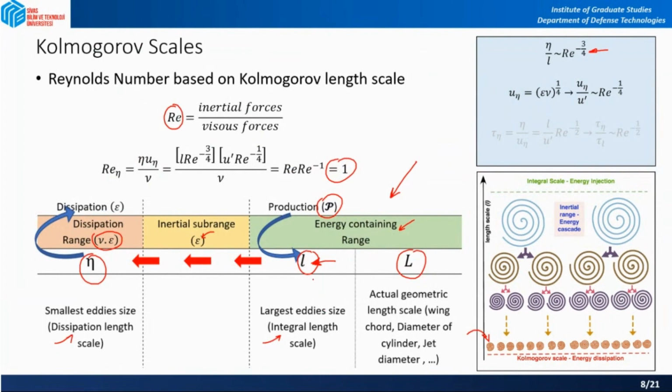And as a part of the eddy breakup process, this energy gets transferred all the way to the smallest length scales and then loses that energy by both viscosity and dissipation.